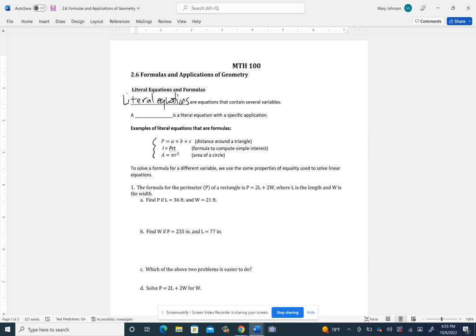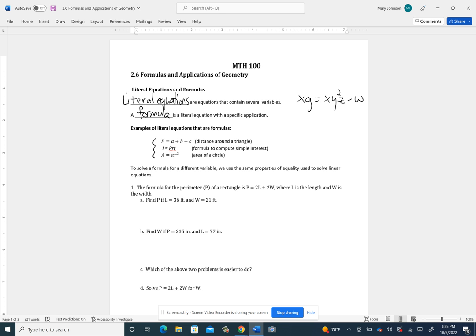If I wanted to create just a literal equation, I absolutely can just do things like x, y equals x, y squared, z minus w, just throwing letters together that don't necessarily have any specific application is a literal equation.